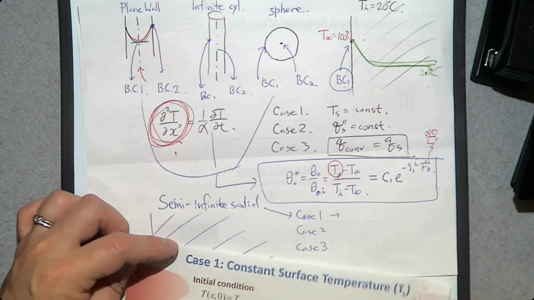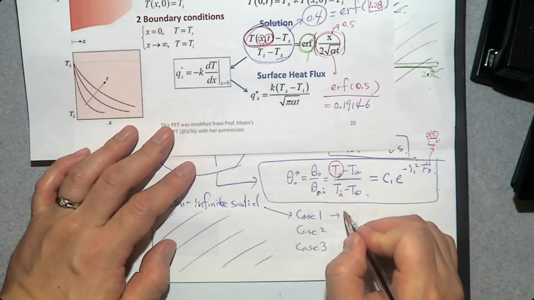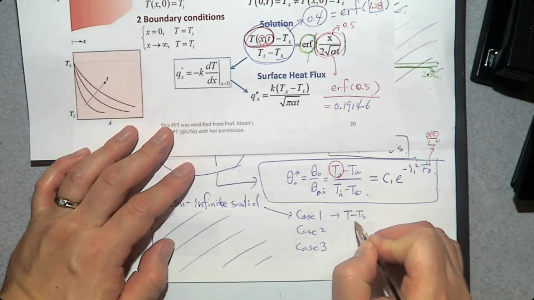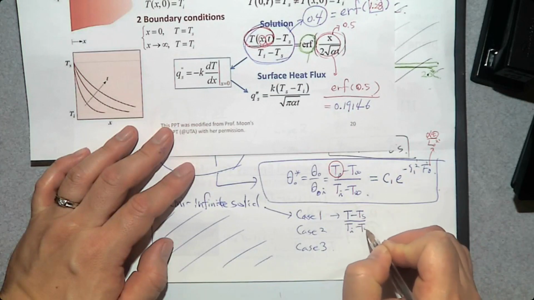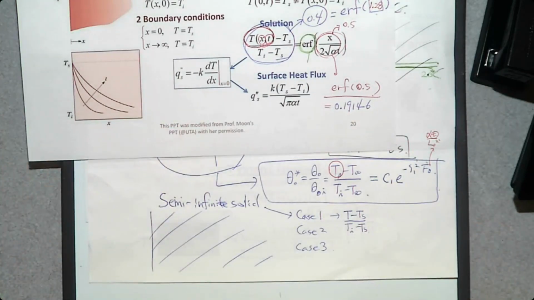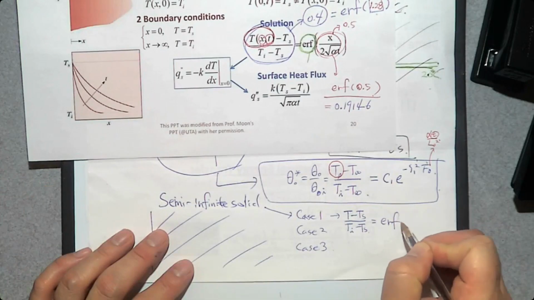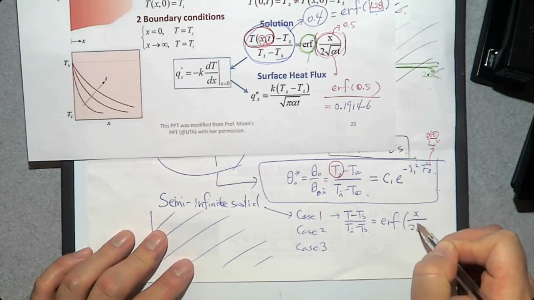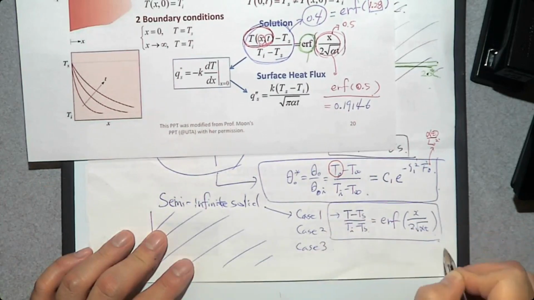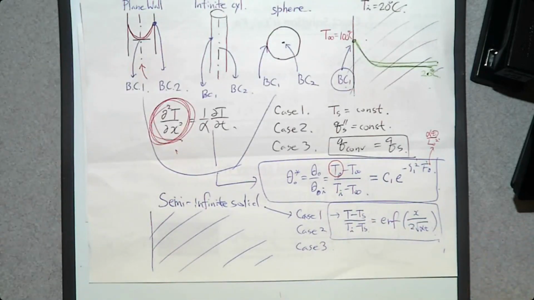Just for your information, when you have case 1, the temperature distribution is going to be T minus Ts over Ti minus Ts. By the way, Ts is the surface temperature. It is going to be a function of x divided by 2 times the square root of alpha t. So using these equations, you can determine the temperature at the center line at time t if you know the temperature at the center.